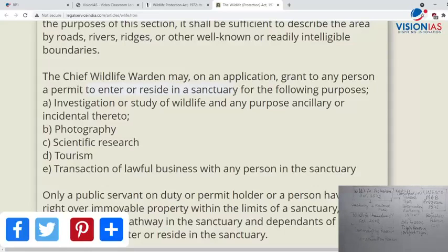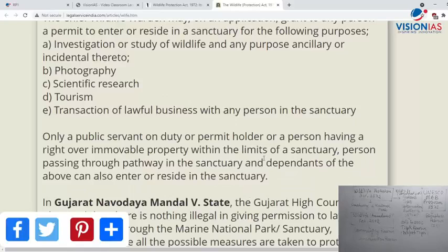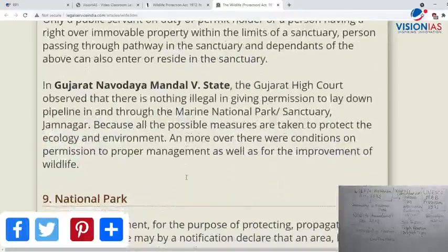That can be for investigation, study of wildlife, photography, scientific research, tourism, or lawful business inside the sanctuary. And sometimes a road passes through it, and there are persons having immovable property dependent on it. And there is a case also there, in Jamnagar, Gujarat, Gujarat Navodaya Mandal versus state.